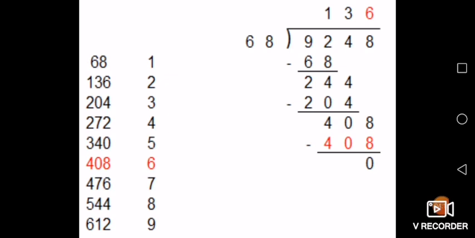So above in the quotient you will write 3 and then you will write 204. Now from 244 you subtract 204, you will get 40. Now 8 will get down.